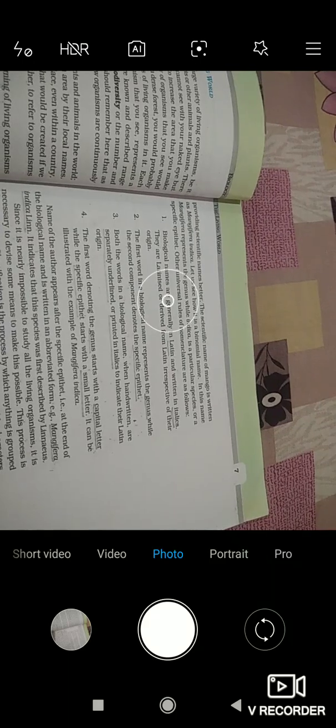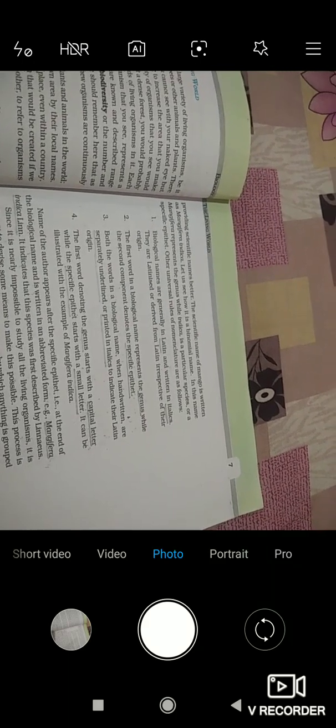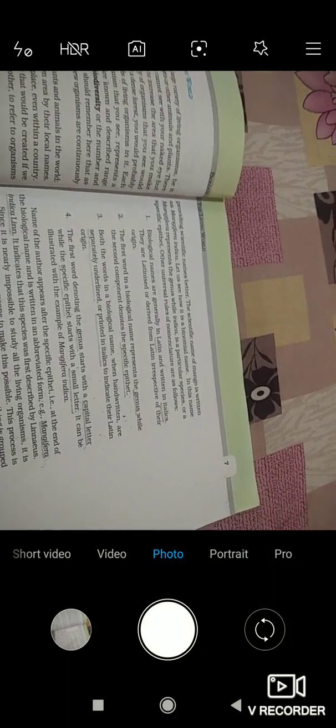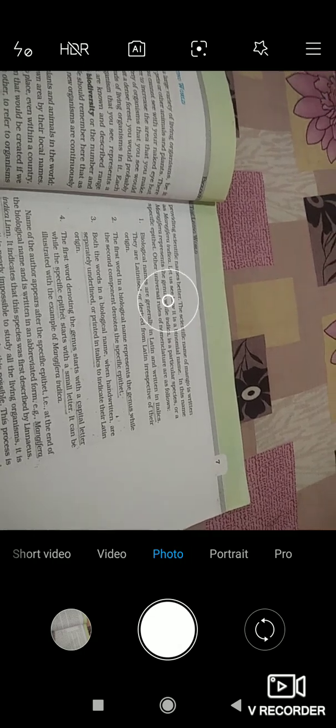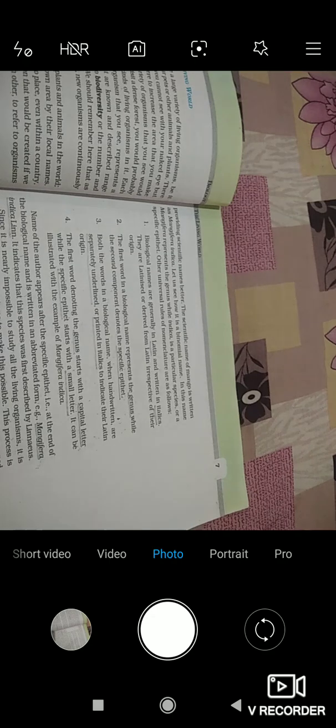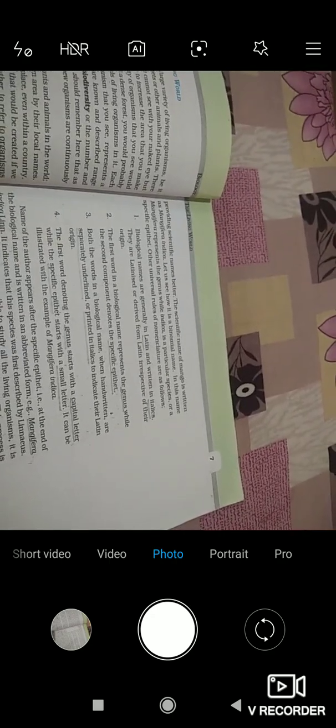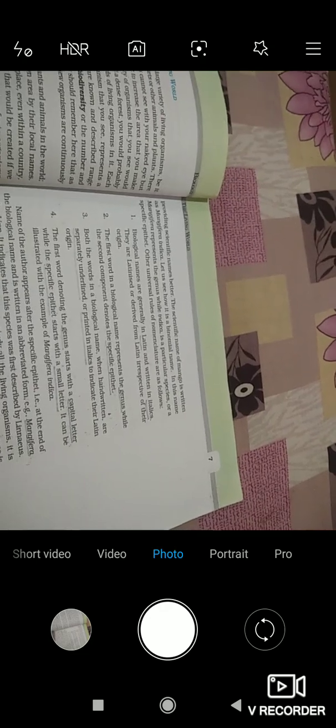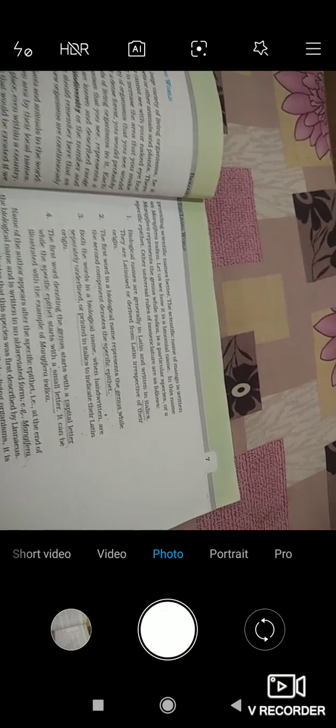So let's see the third point, what it is telling. Both the words in a biological name are handwritten, are separately underlined or printed in italics to indicate the Latin language. So what happened guys, to introduce the name of that organism, they are either handwritten or printed in computer. When they are handwritten, we write the name of that organism with two words, and those two words are underlined separately.